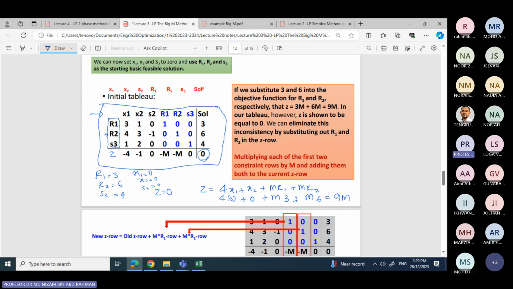This R2 is minus M, not 0. S3 is 0. So we have to make sure that the multiplier for the Z for the R1 and R2 here become 0. Okay. So we can look at, for example, the examples that we did yesterday.